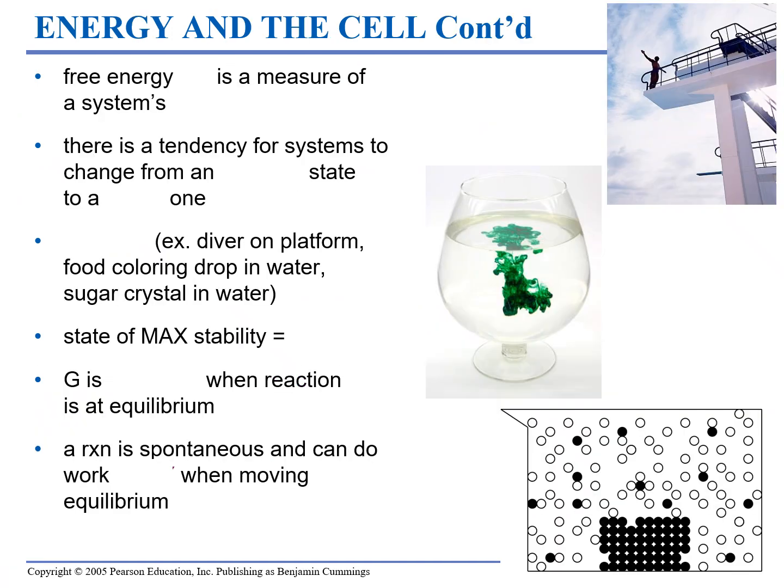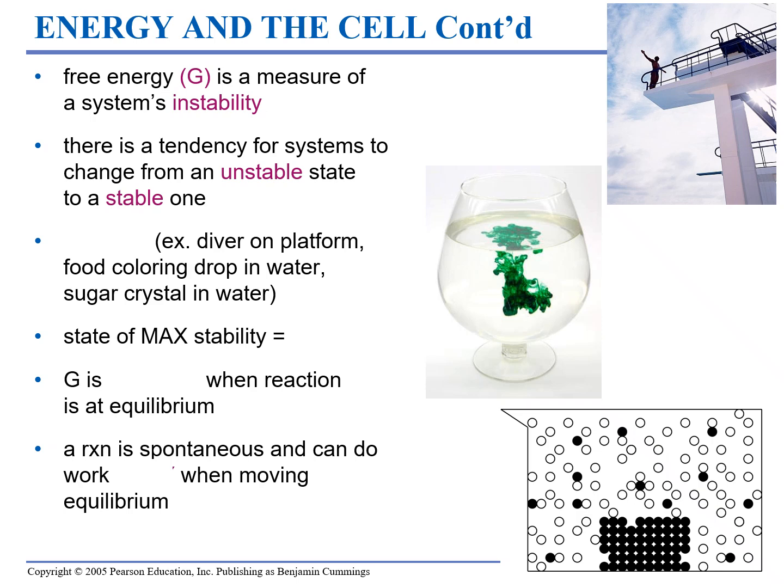Let's look at the energy in the cell connection. This is a continuation of the last slide. So free energy, which is G, is a measure of a system's instability. There is a tendency for systems to change from an unstable state to a stable one.